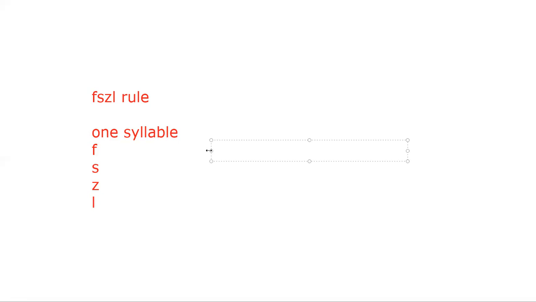For example, puff. So there is a short vowel sound. Which is the short vowel sound here? Yes. After the short vowel sound, the letter gets doubled.